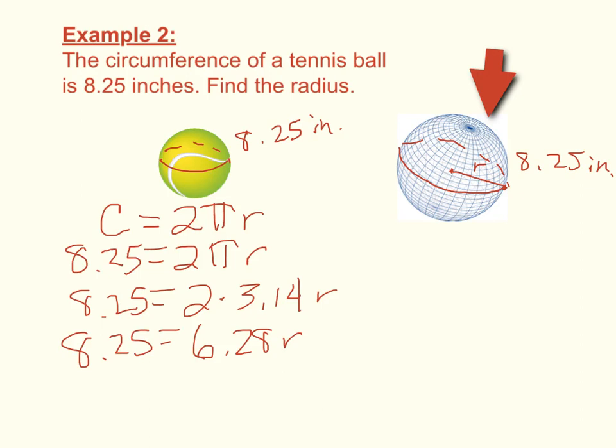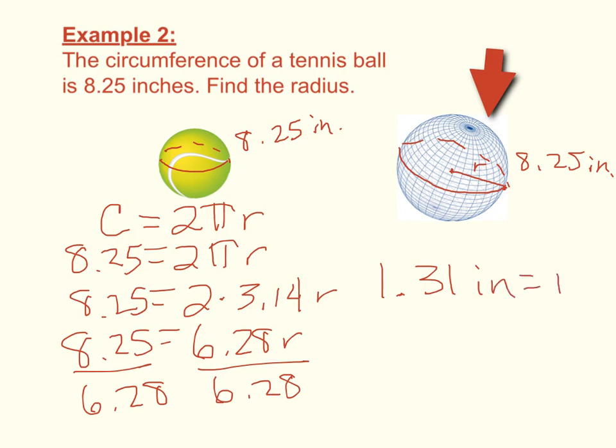And to solve for r, I'm just going to divide both sides by 6.28. Again, we're going to need our calculators. Take 8.25, divide it by 6.28, and I am coming up with, we'll just round to 2 decimal places, 1.31 inches for that radius.